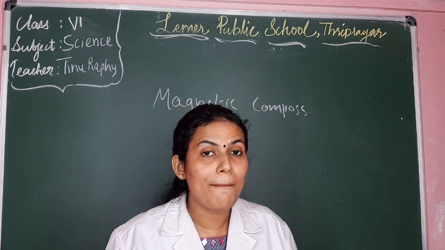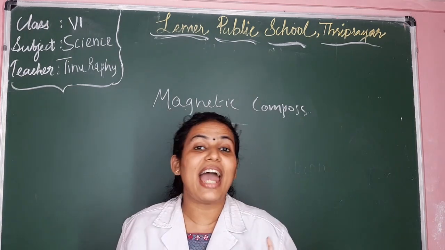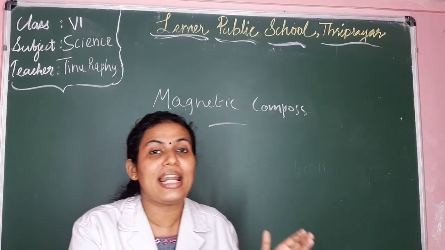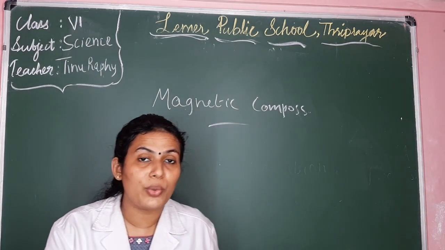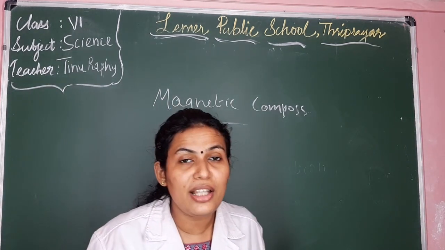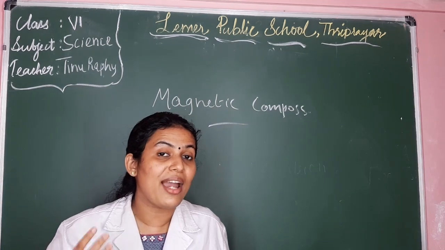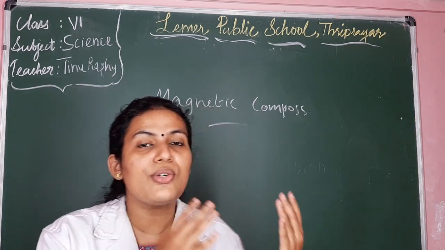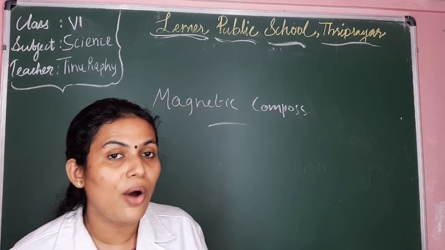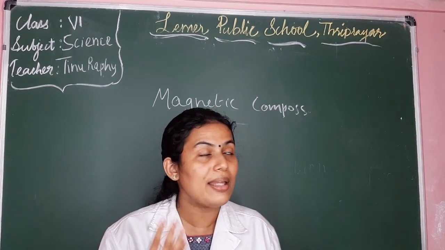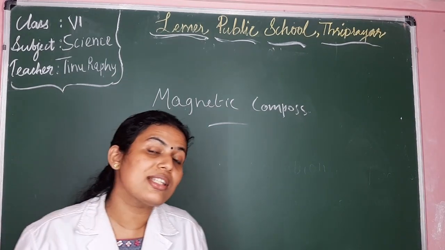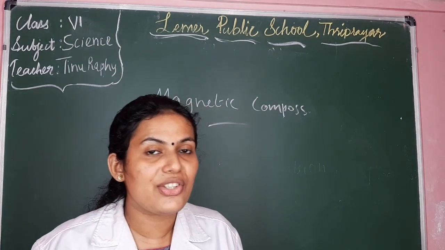Yes, the magnetic compass is used for navigation because it always directs towards the north, and the needle always faces the north region. And by finding the north, we can find other directions, isn't it? Once you find the north, you can find the south as well as east and west. So that's how the magnetic compass is used for navigation.